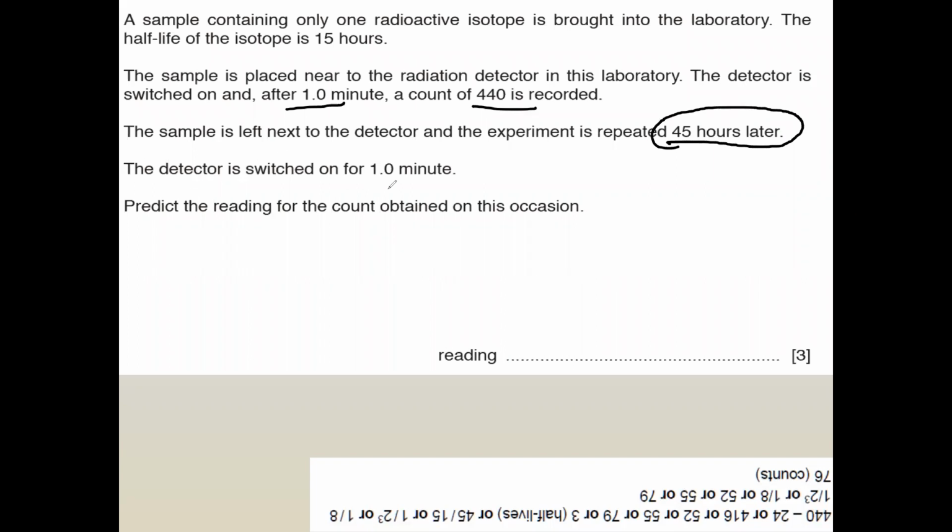The detector is switched on for 1 minute. Predict the reading of the counts on this occasion. So how can we predict the reading on the count on this occasion?